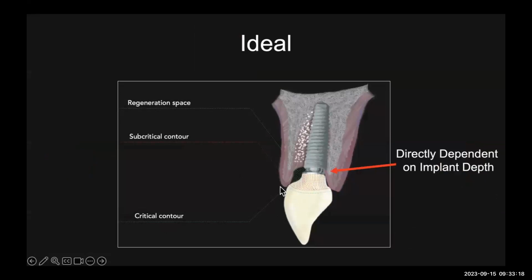This is the critical contour. This is the subcritical contour, which is the apical component. And his studies found that if there's a space there, you actually get regeneration of the tissue, and it will heal to the prosthesis. So it's almost developing your soft tissue drape via the prosthesis, and that usually takes about a month to 6 weeks.